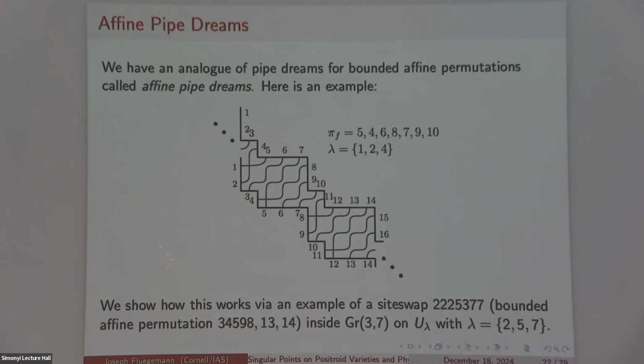Okay, I'm just going to move on to the sorts of pipe dreams that I'm working with in this research work, and that would be these so-called affine pipe dreams. They look like this as an example. So these are pipe dreams not for just permutations in Sn, but for bounded affine permutations that correspond to a Positroid variety.